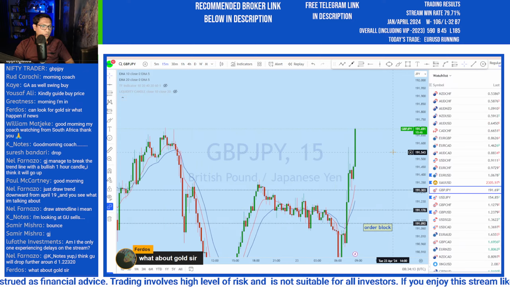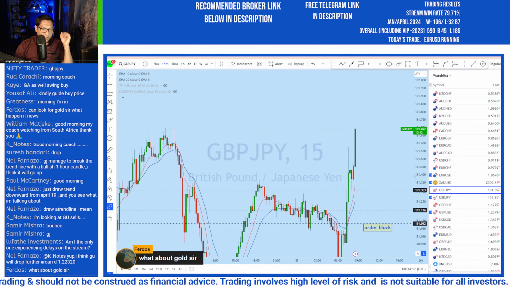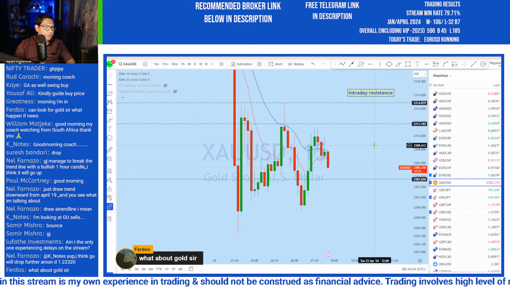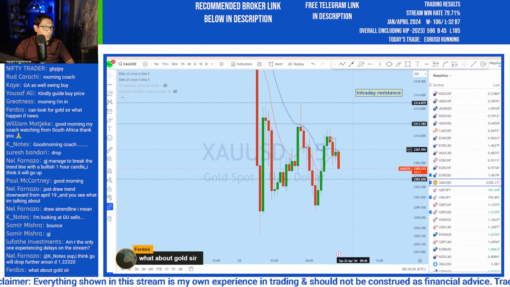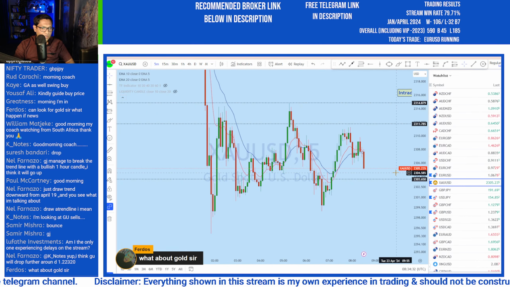Yeah, so we see GJ managed to bounce off that level. And looking at gold, we see, as I mentioned before, gold has formed on the 50 minutes a liquidity candle formation, and it's now dropping for a deeper pullback again on gold.